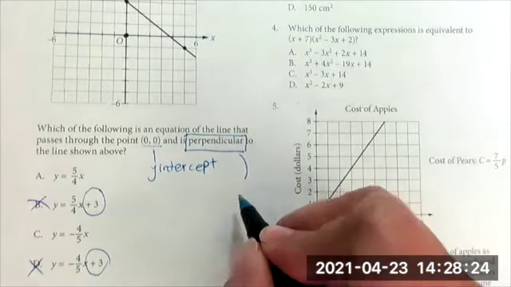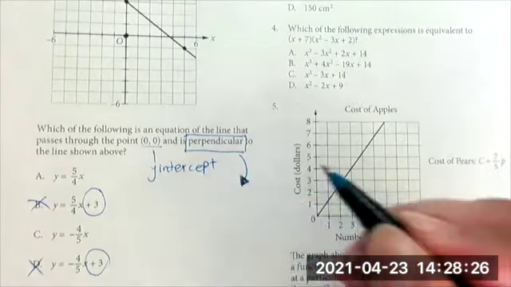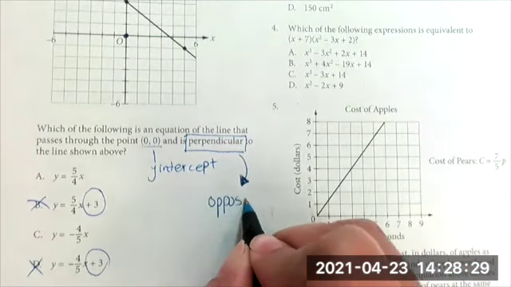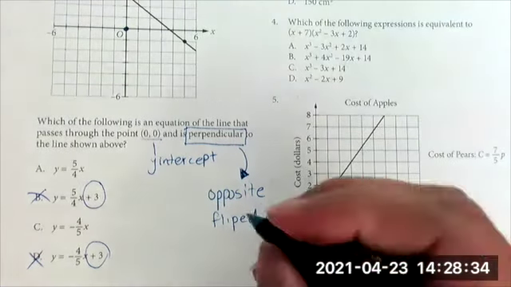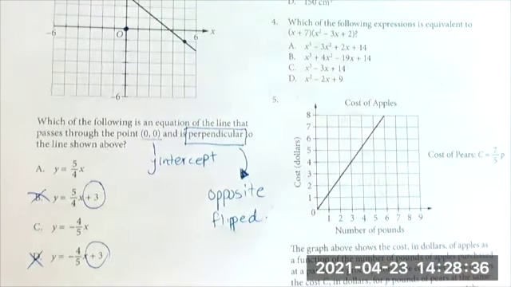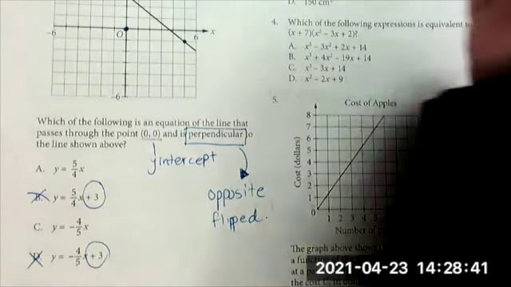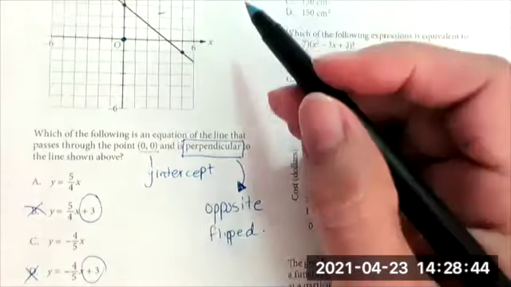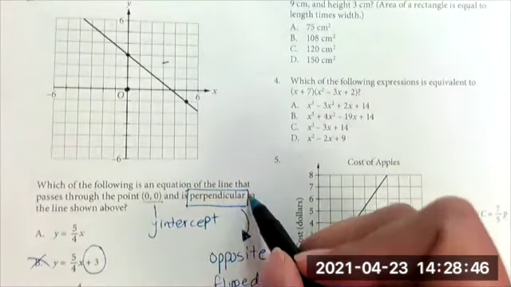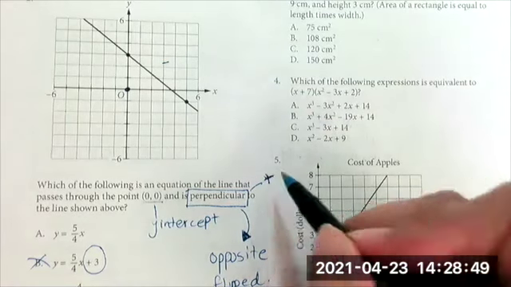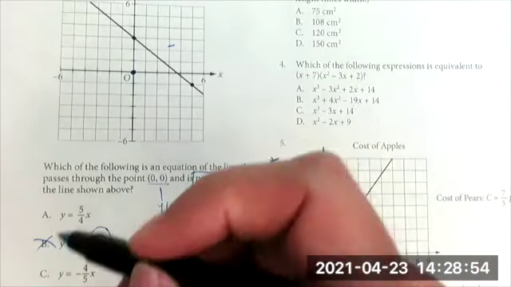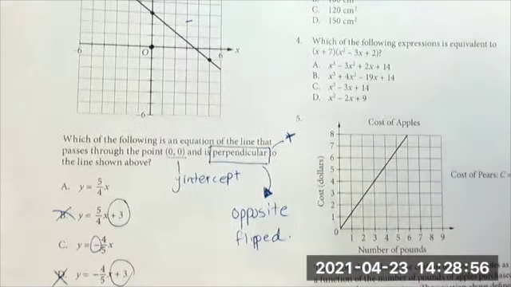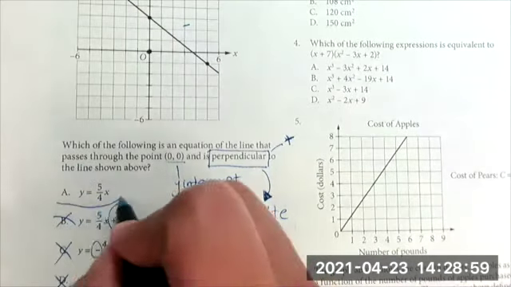I remember perpendicular by these two words: opposite and flipped. And I misspelled flipped, double P there. Opposite and flipped. What does that mean? Opposite, this one is negative, so my perpendicular line is positive. With that being said, we can eliminate 2 answers, actually 1 more answer, and that is out. So then your answer is A.